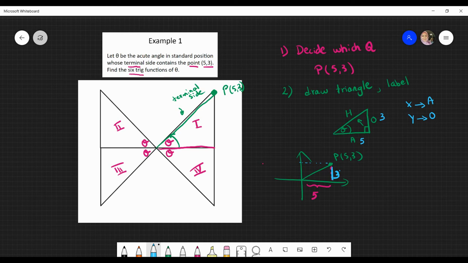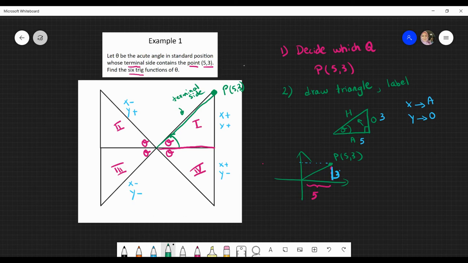Now, one more thing we need to know. In quadrant 1, x and y are positive. In quadrant 3, both x and y are negative. In quadrant 2, x is negative, y is positive. In quadrant 4, x is positive, y is negative.